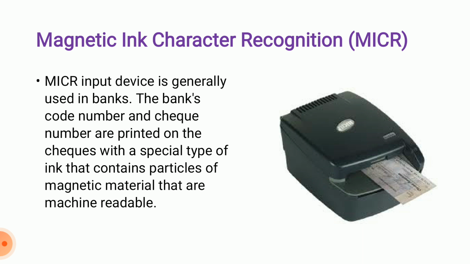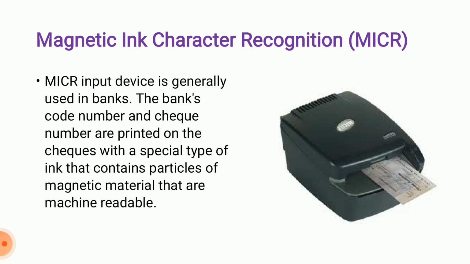Students, if you have ever seen a check, on every check there is a check number in black color. But that check number is printed with a special kind of magnetized ink.